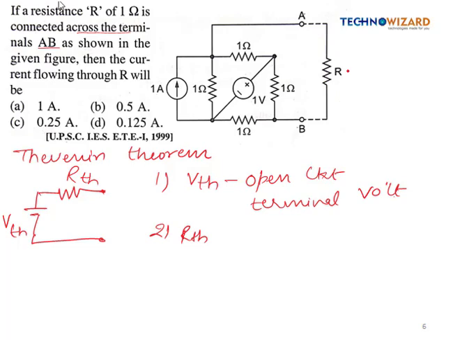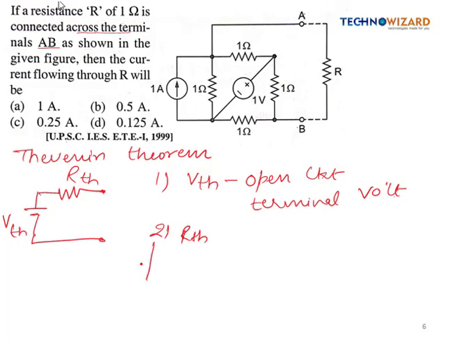So in order to calculate the value of RTH, you have to remove the load resistance, then you have to deactivate the circuit. It means you have to replace all the independent sources by their internal resistance. As current source has infinite resistance, current source will be replaced by open circuit, and voltage source has zero resistance, so it will be replaced by short circuit, right?